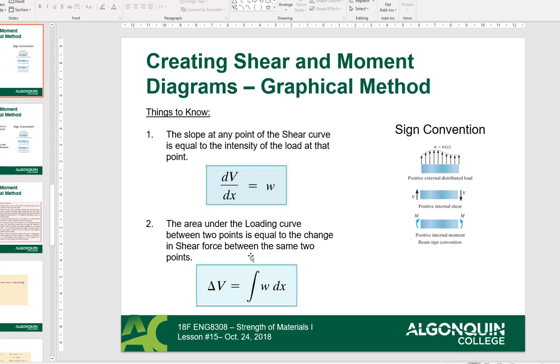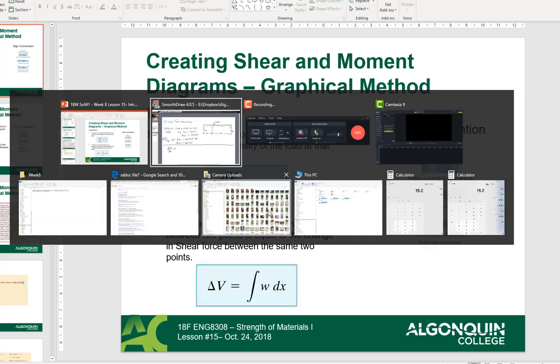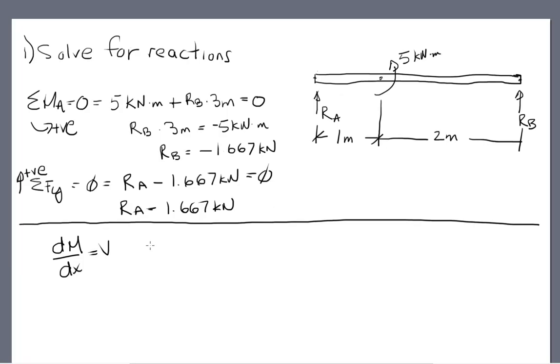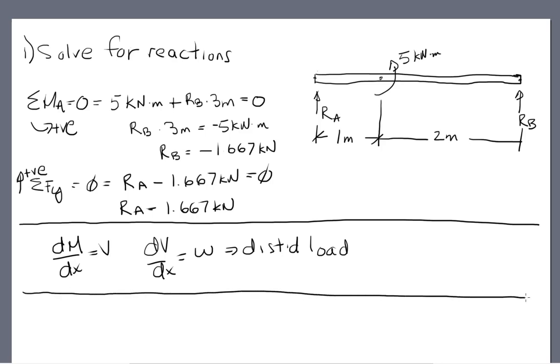The slope of the shear diagram is equal to the distributed load. So the slope, dV by dx, equals the distributed load. In this case, we have no distributed load, so dV by dx is going to equal 0. So our shear diagram should have a slope of 0.